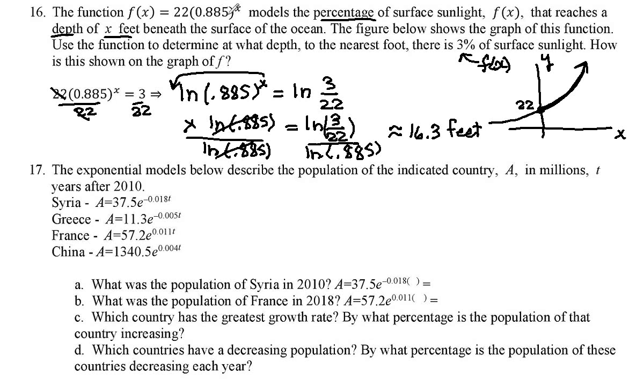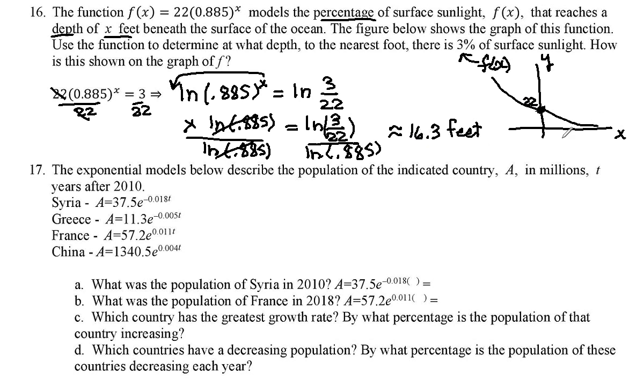So if x is 16.3, oh, you know what? 0.885, that guy goes down from left to right, because our base here is less than 1, and then that graph decreases from left to right. So it does go through that 22, but it goes down from left to right, like this.